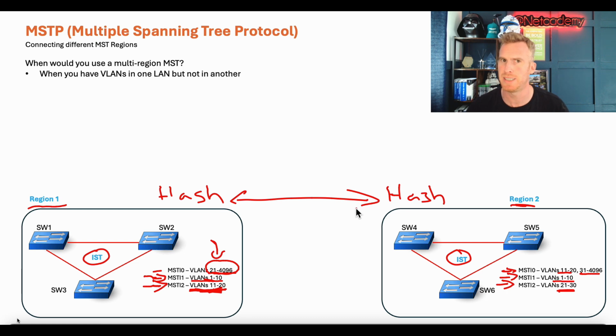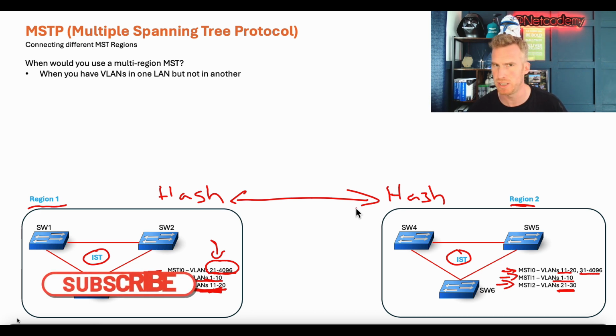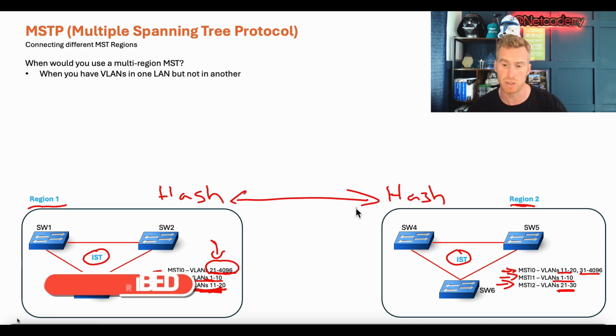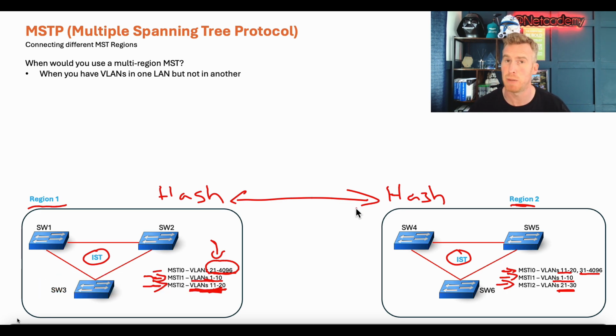And when you have MSTP running, and you've got this concept of instances, and instances going to a region, if one of those instances don't have the same VLAN to instance mapping, that's going to offset that hash calculation. And if the configuration name and the revision number is additionally different, then they're just automatically identified as being in different regions. And thus, this is how you end up with a multi-region MST network.